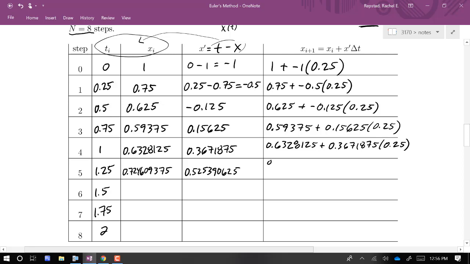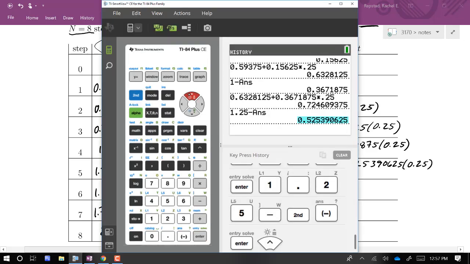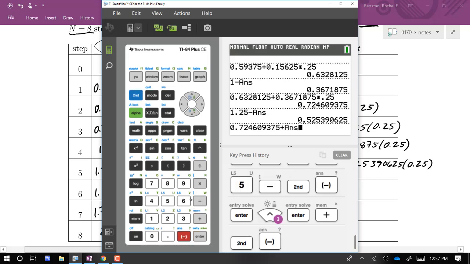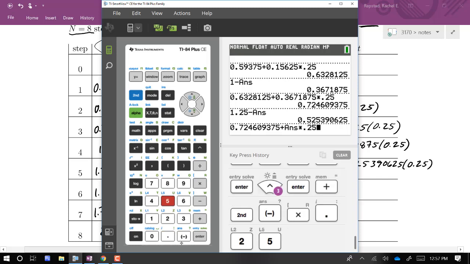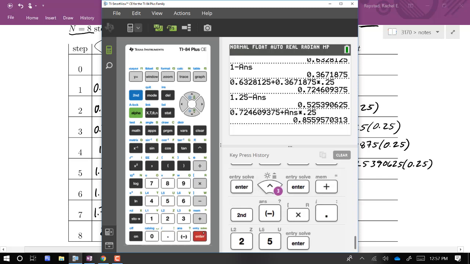And then the old x, x prime times delta t. 0.855957013.